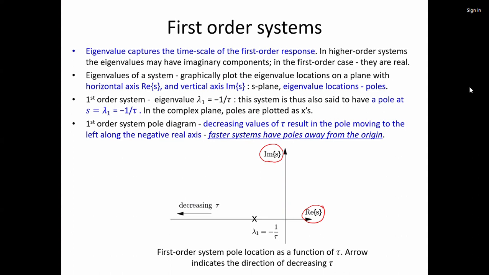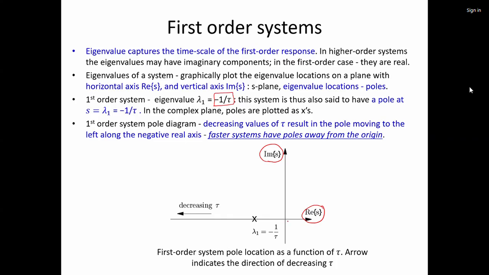Now, as we said, for a first order system, the frequency is minus 1 over the time constant. This has to be a real value, because for a first order system the frequency has to be real. If you take a second order system, you may have imaginary values also.